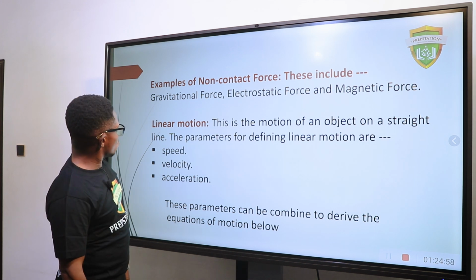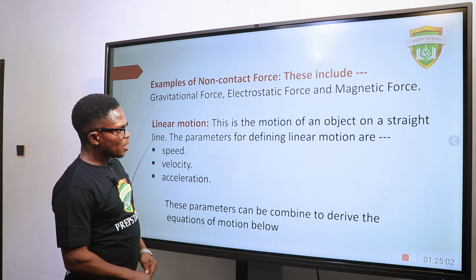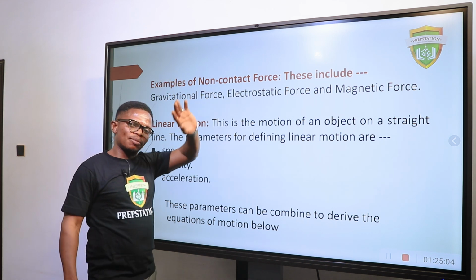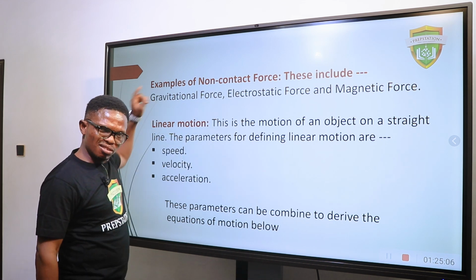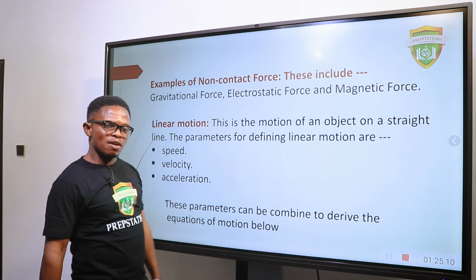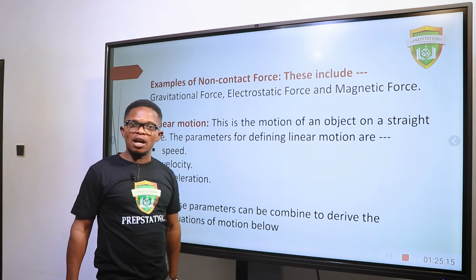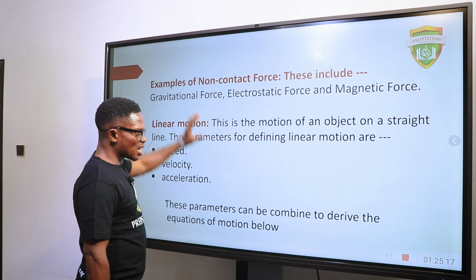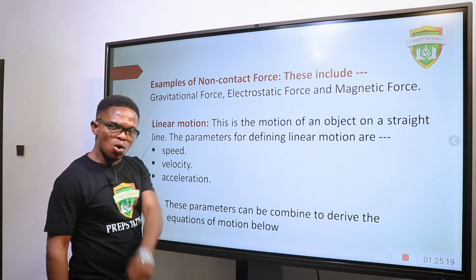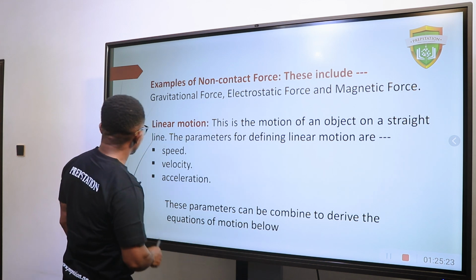Now let's go to the linear motion proper. Remember there are other types of motion, but here we are just looking at linear motion, okay? If you can handle linear motion, you can handle every other type of motion, including projectile motion, because it is the same basic equations of motion that are used for other types of motion.